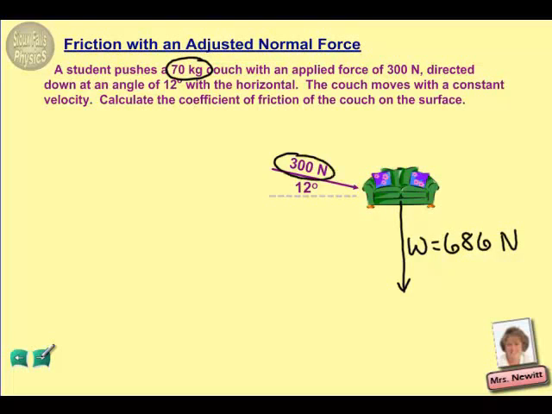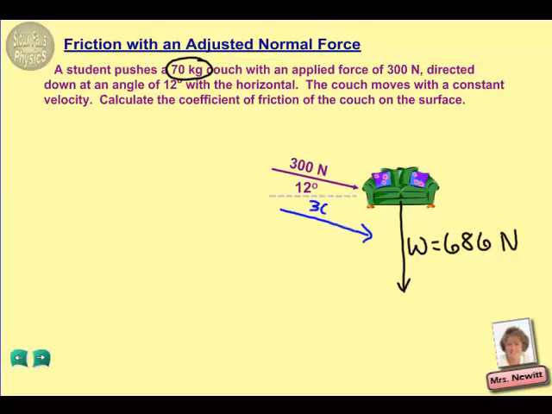That force is at an angle of 12 degrees, which means it's in both the horizontal and vertical directions. And so that means that we're going to have to take it into account before we actually do the normal force. To do this, let's start by making a separate free body diagram of this part.